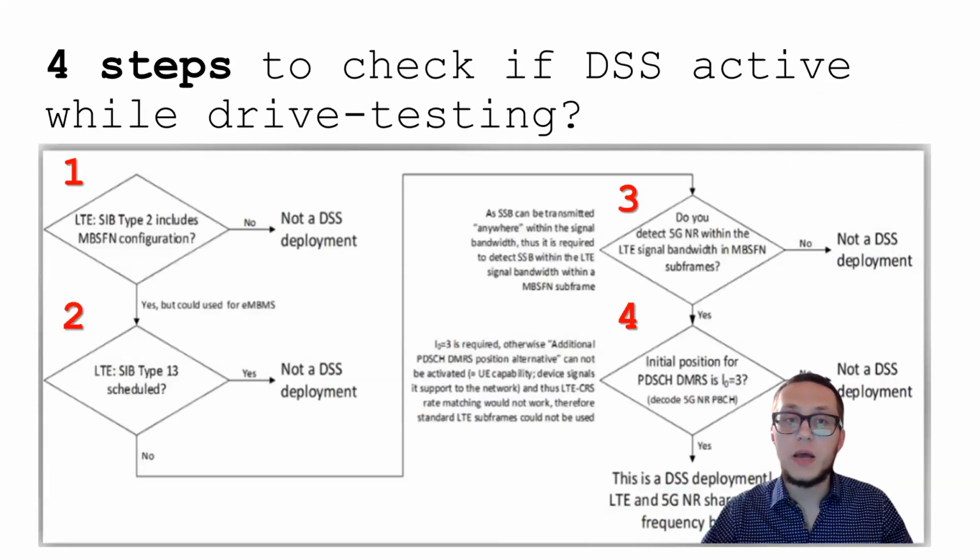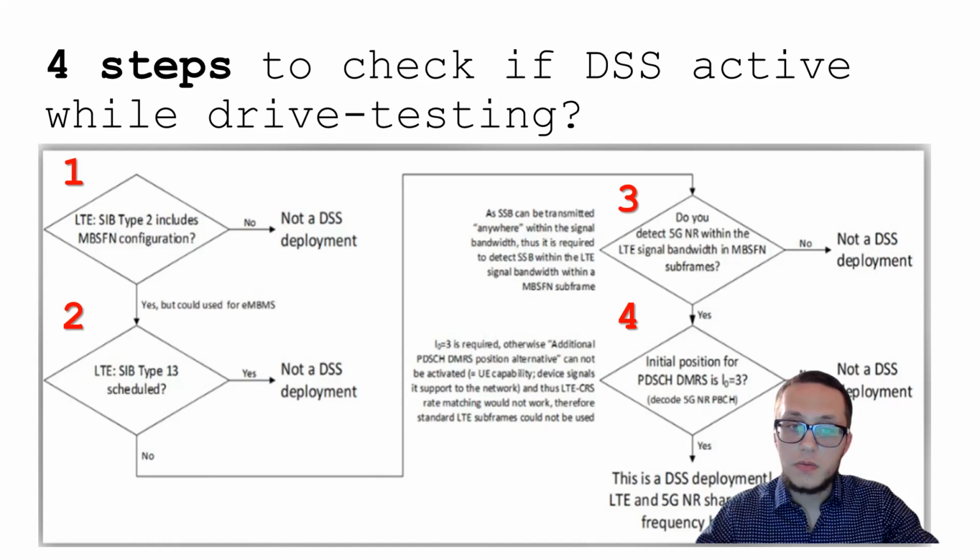Now let's look at this example. Here is a 4-step check to see if your cell supports DSS. While you're drive testing, you can try using your testing device, testing smartphones, to decode SIB2 from LTE and try to find the MBSFN configuration.